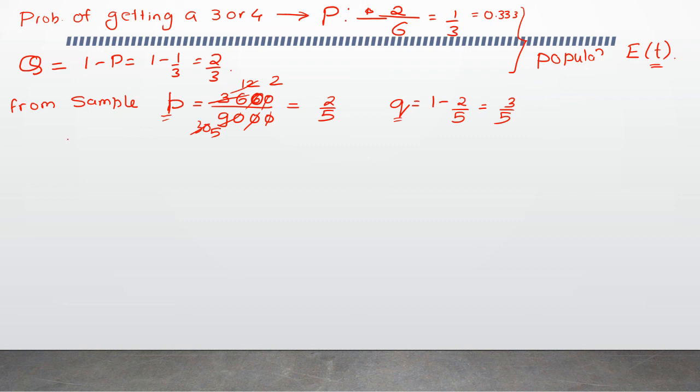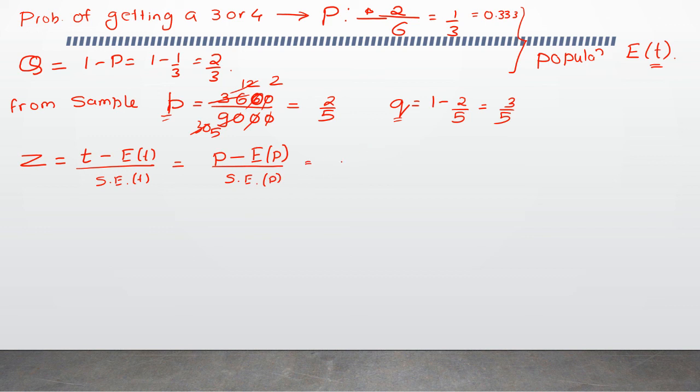Now how will you define this? You will substitute these values in the test statistic, that is t minus E of t upon standard error of t. In this case, t is a probability, so small p minus the expected value of p upon the standard error of small p.